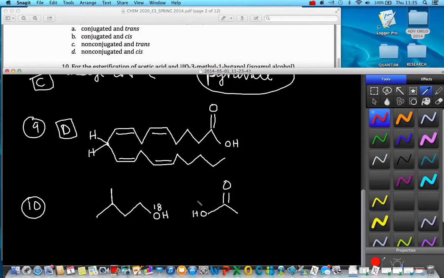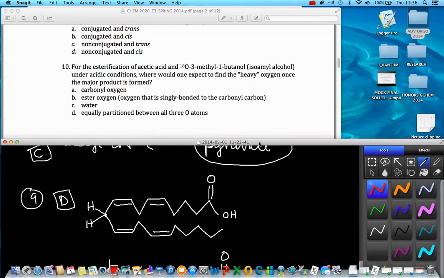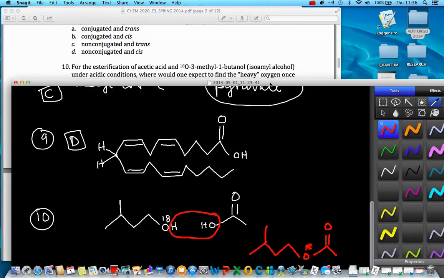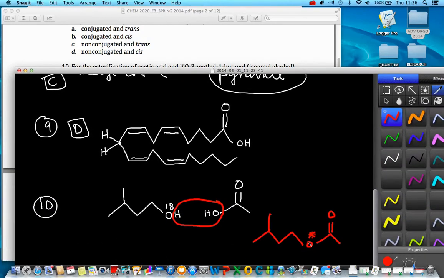When the ester becomes incorporated, the elements of H2O are lost in this fashion. And so the heavy oxygen becomes incorporated into the ester. And that's where the radial label will lie. So it is going to be answer choice B, the ester oxygen. And by the ester oxygen, we mean the oxygen that makes a single bond to the carbonyl carbon. And so that's answer choice C as well.